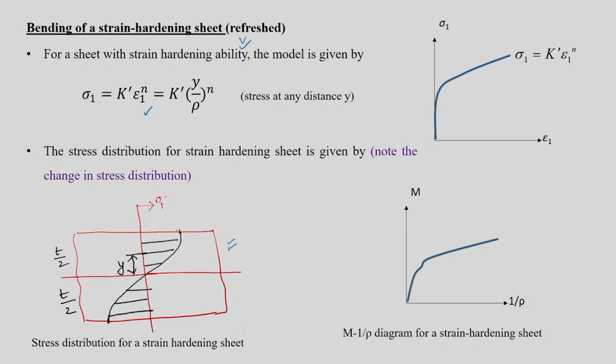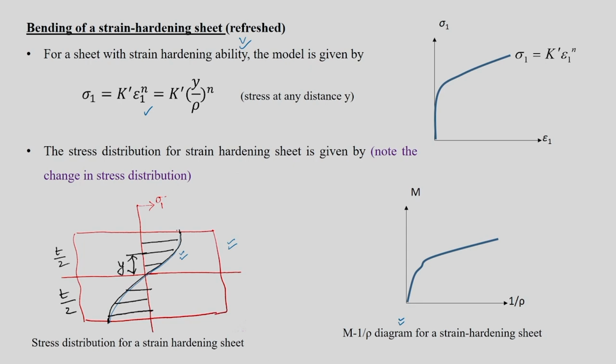For the same situation there is a little non-linearity here, and it will drop to negative values in the bottom half of the sheet. This change has to be noted. The moment versus 1 by rho diagram is also shown here for the strain hardening sheet, which we discussed in the last part of the previous section.